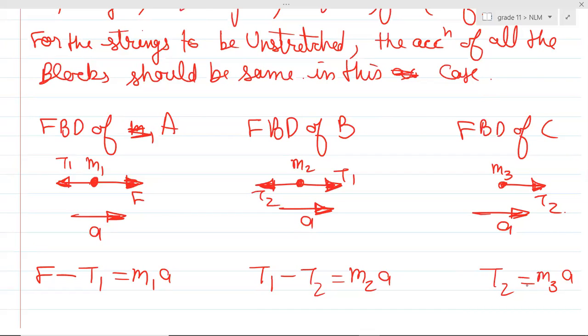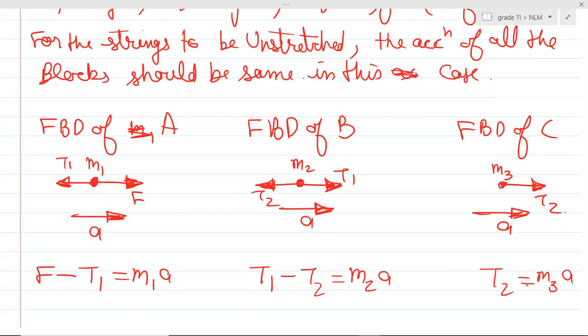Aman, how did we obtain the first equation? The FBD of A. The force was in the right direction, but then the opposing tension, which was T1 from the force string, was in the opposite direction. So we subtracted that and equated it to M1A, because they're in opposite directions, to find the net force.